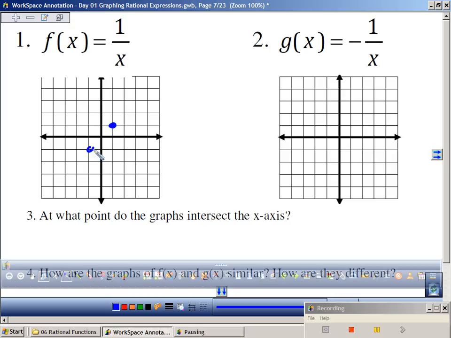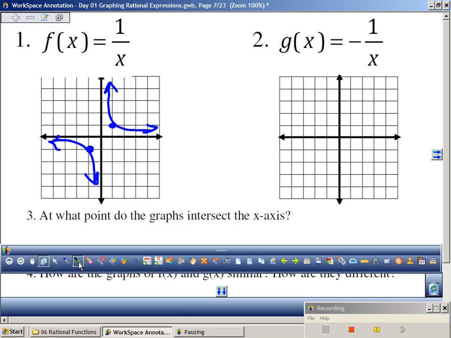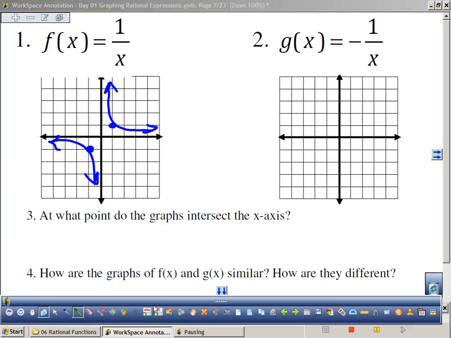Negative 1, negative 1. Good. And then we just draw our shape. They are asymptotes, Florencia. How do you know? Because they don't touch the x-axis. Very good, Philip. They are asymptotes, and we know that they never touch the x-axis.